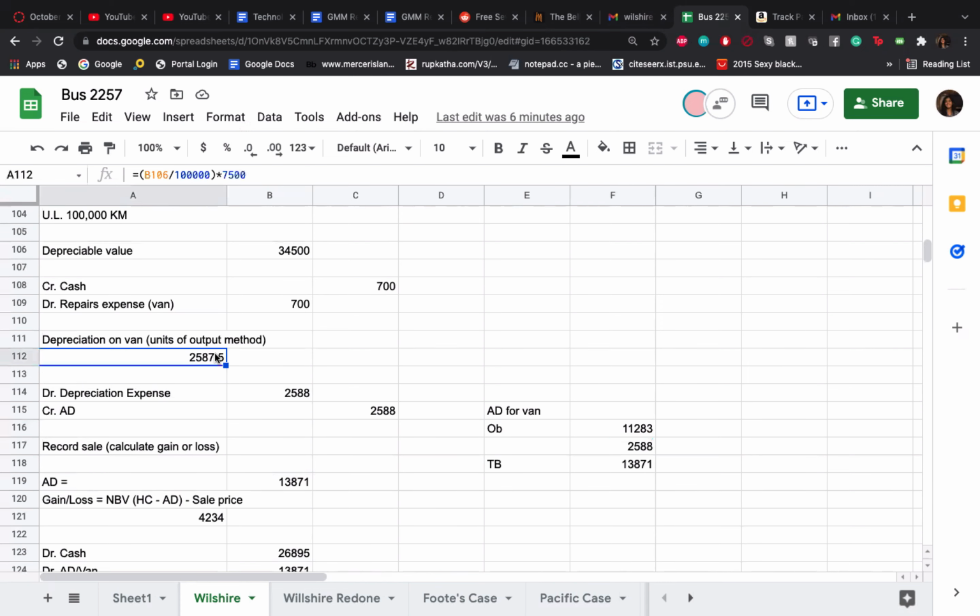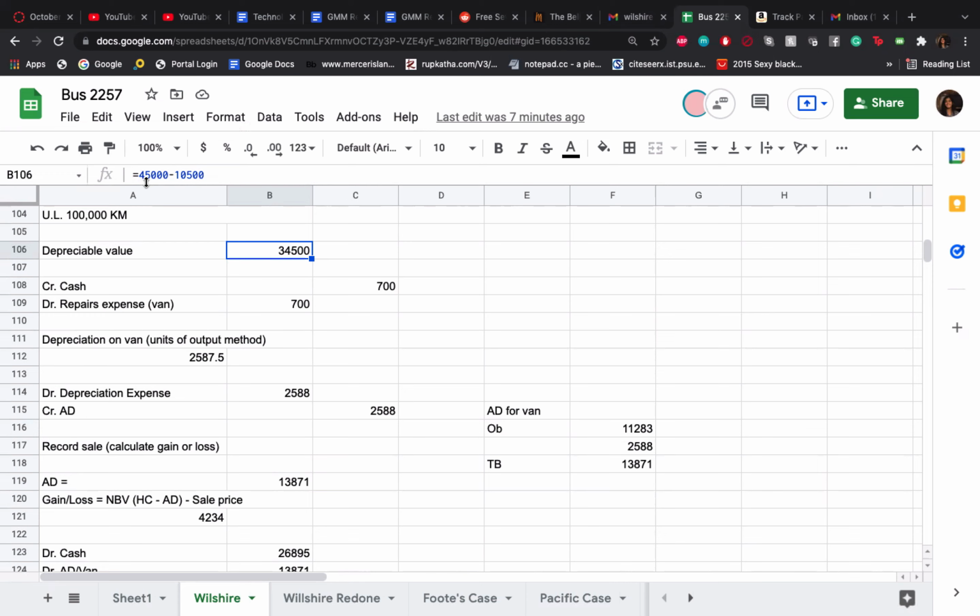Then we calculate depreciation based on the units of output method. The method would be to get the total depreciable value, which is 45,000 minus 10,500. Then you divide that by the total units of output, so you divide that by 100,000.